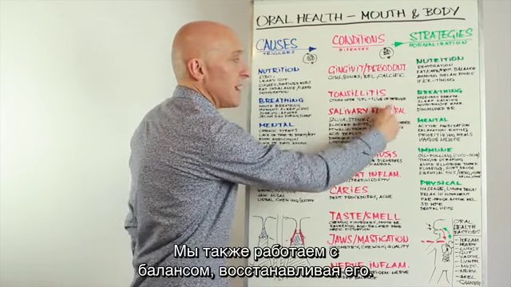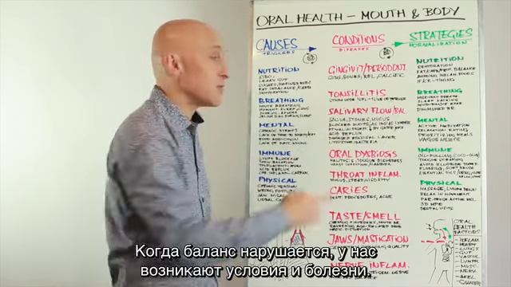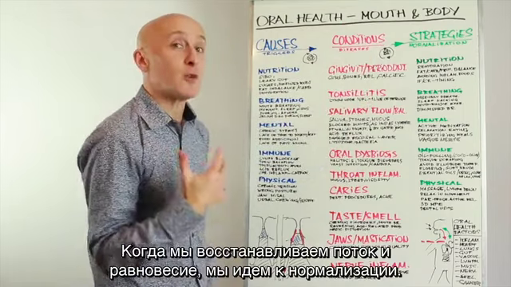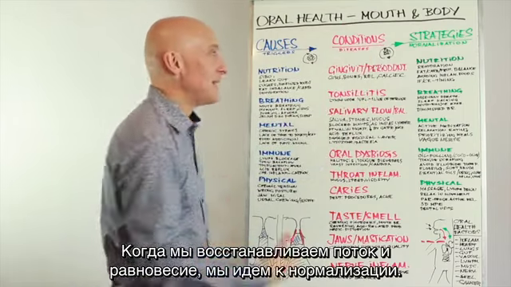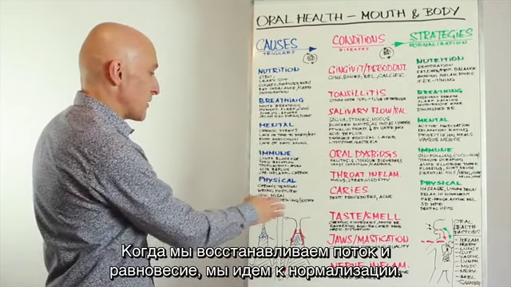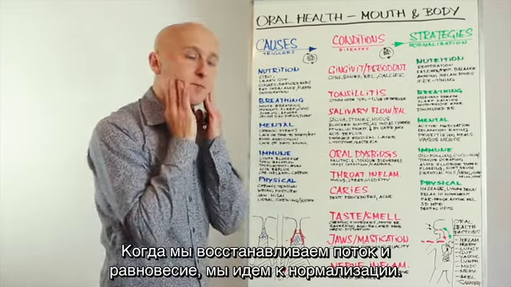And we are working with re-establishing balance. So when the balance is impaired, we have conditions and disease. When we restore flow and balance, we're going towards normalization. So, jaw misalignment is also a problem.